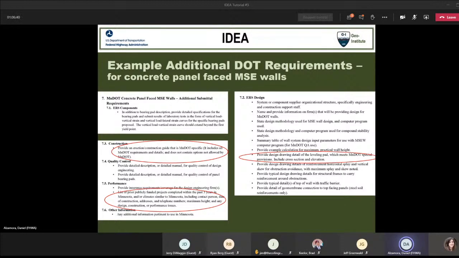So maybe there'll be an opportunity for us to look at the evaluation protocols and make some revisions to what's in IDEA, to incorporate things that are common across most of the state DOTs that we see, to hopefully reduce the supplemental information that is required by incorporating them into the initial IDEA evaluation.